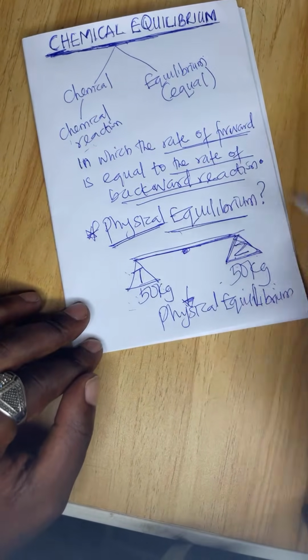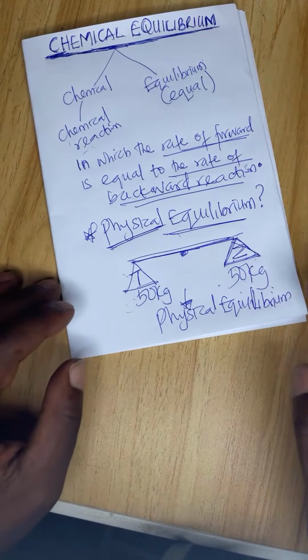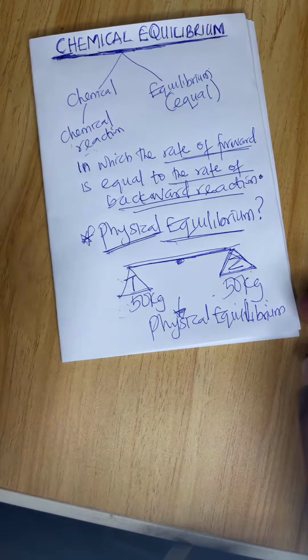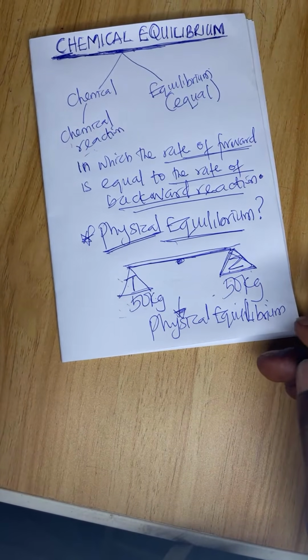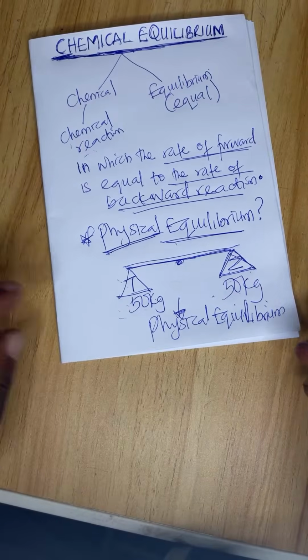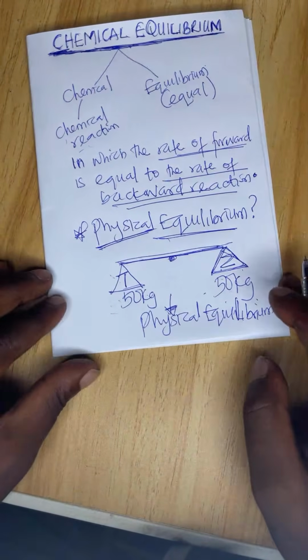Now, another very fantastic example of physical equilibrium is when you are making eba.